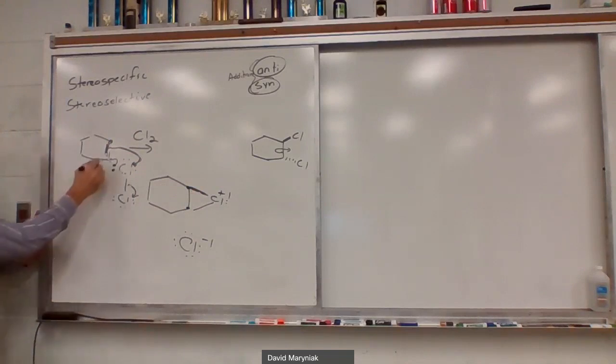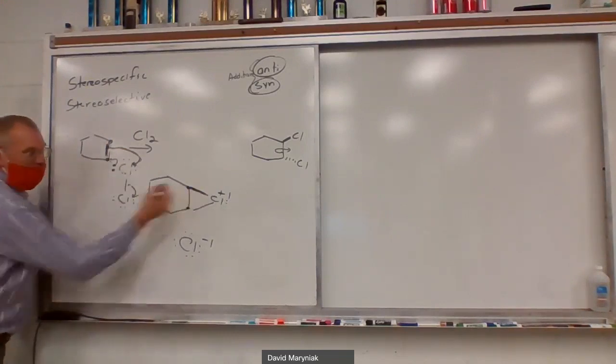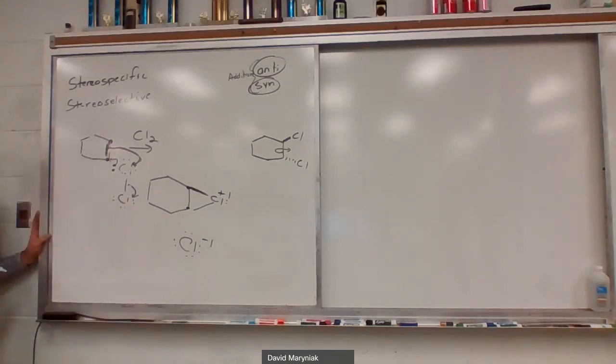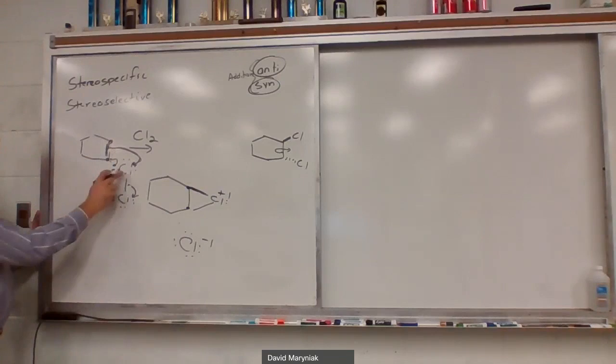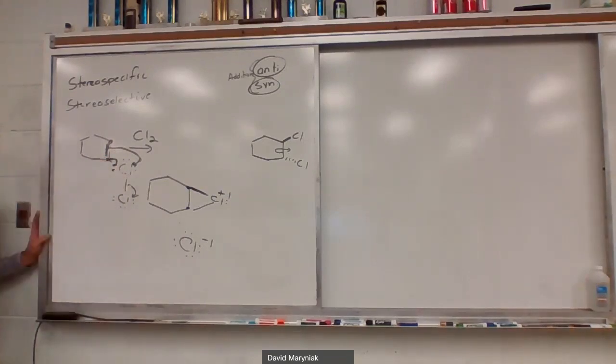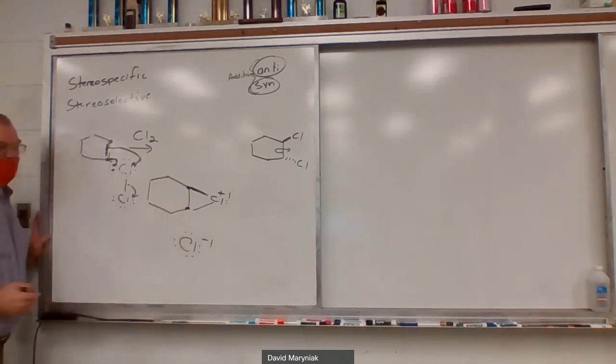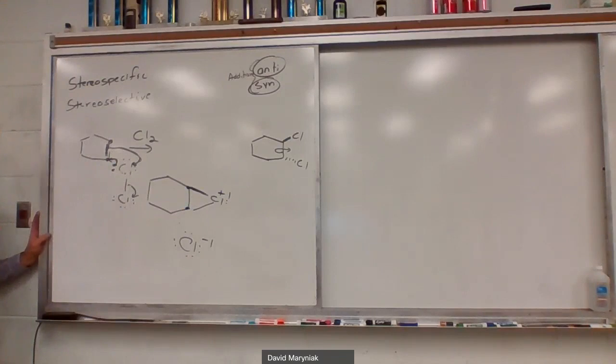No. This carbon, did it lose this pair? As this pair became that pair. So you would think this carbon would be positive, but did this carbon also pick up a pair? Did this carbon change its charge? So that's how you track charges with mechanisms.